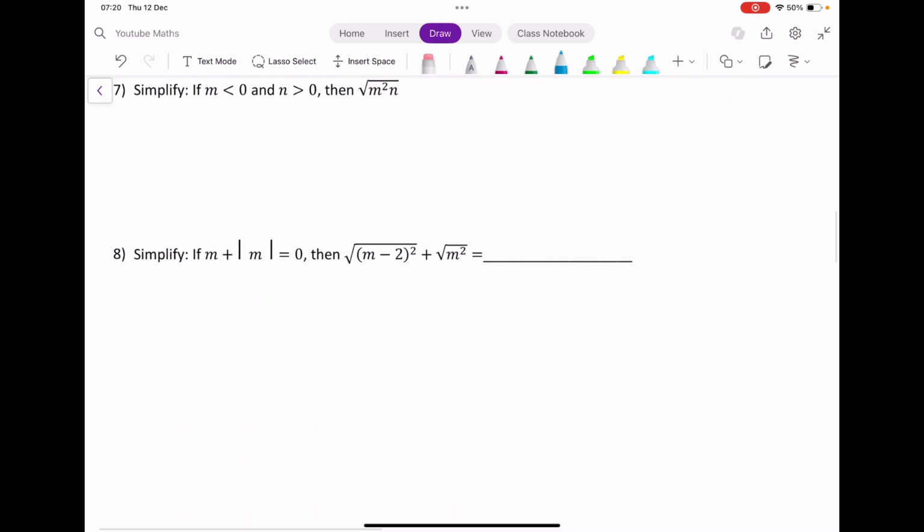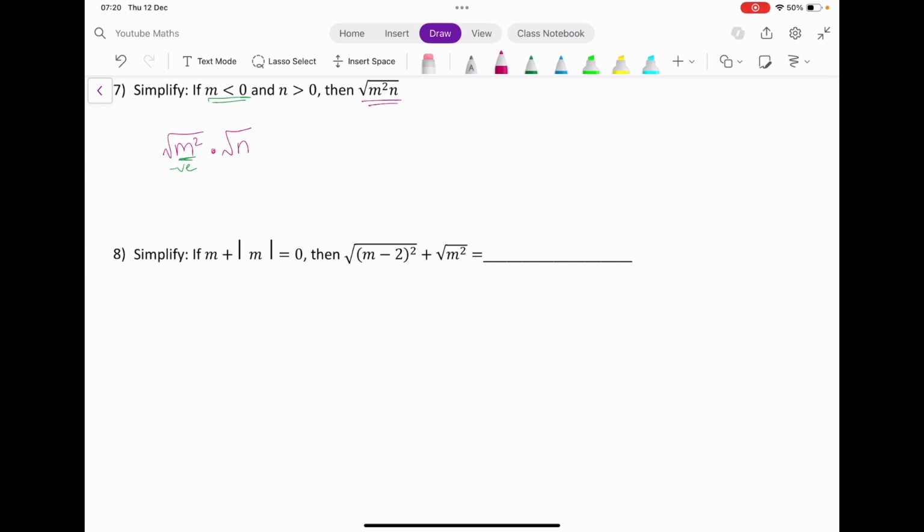So let's move on. Question 7. If we simplify this, if m is less than 0 and n is greater than 0. So firstly, I'm just going to split them up so you can see what's going to happen. Now m is less than 0, which means that this is negative.